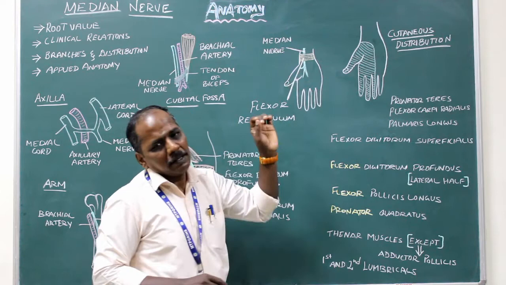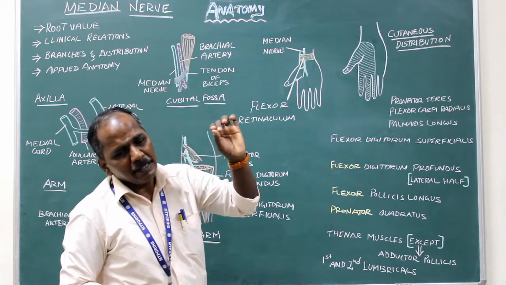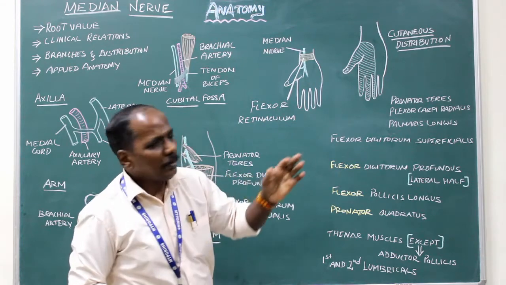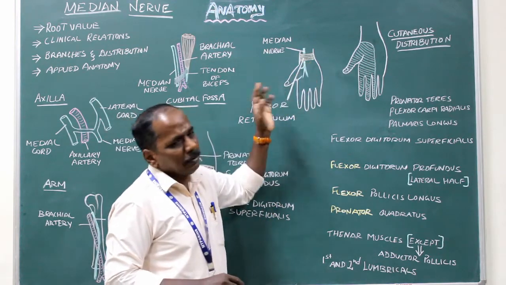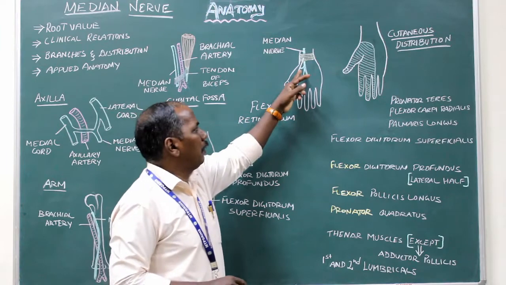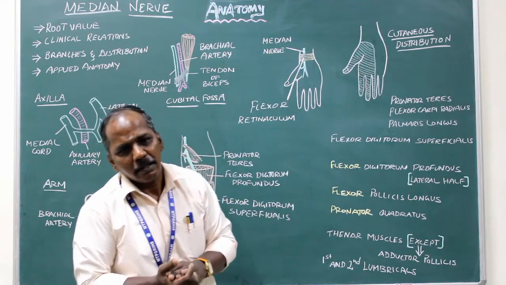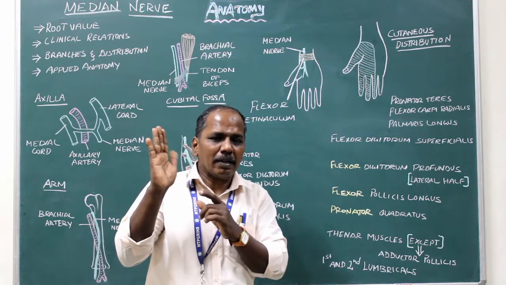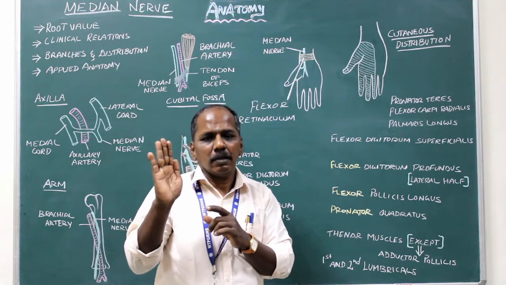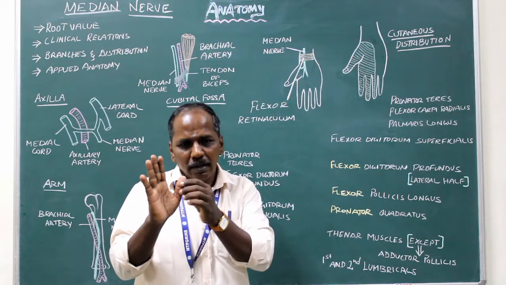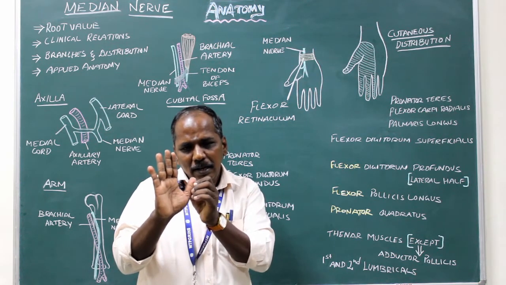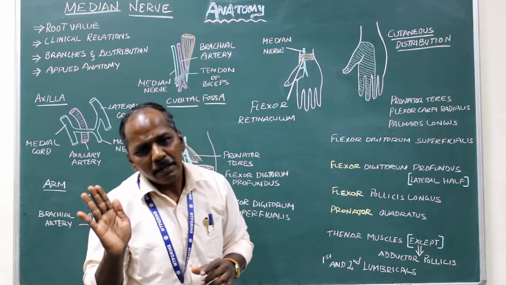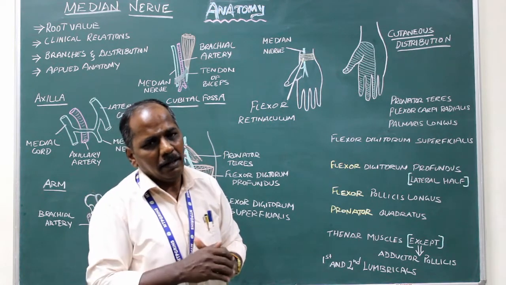The nerve is damaged, so it results in paralysis of the muscles supplied by the median nerve below this level, mainly the thenar muscles, except the adductor pollicis. So what happens? The thumb is laterally rotated and adducted. This condition is known as ape thumb deformity.